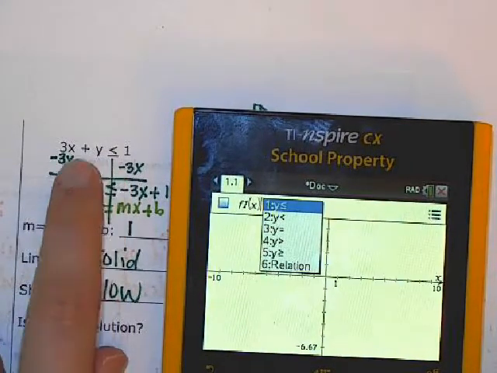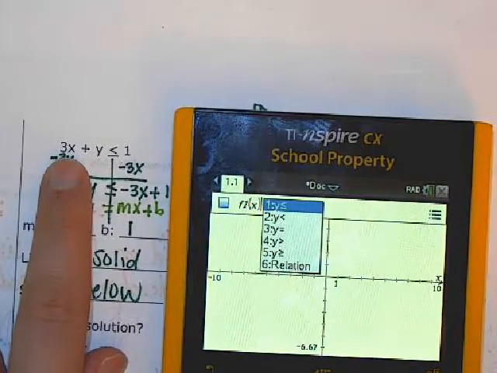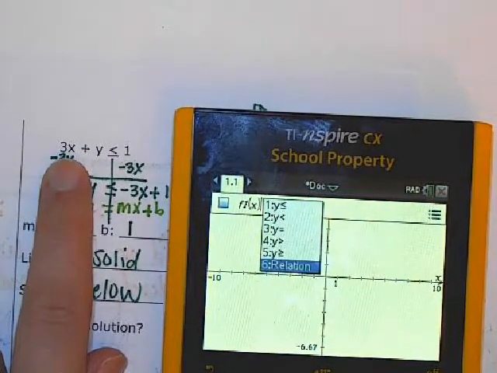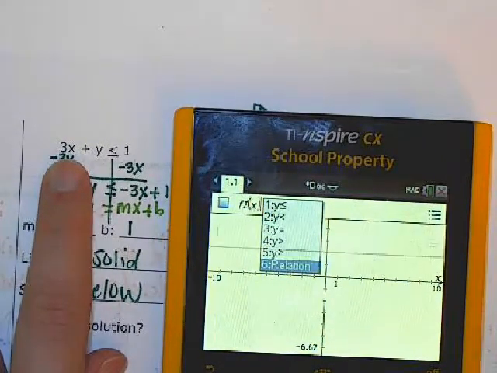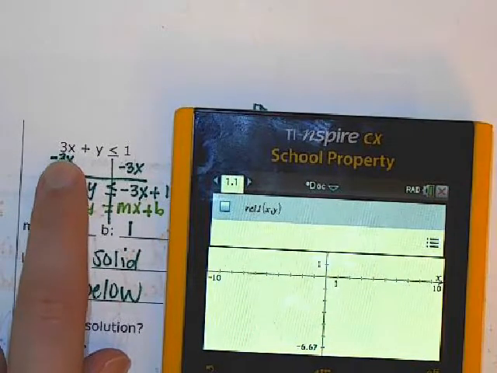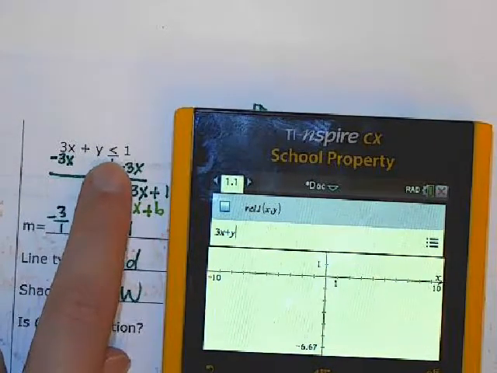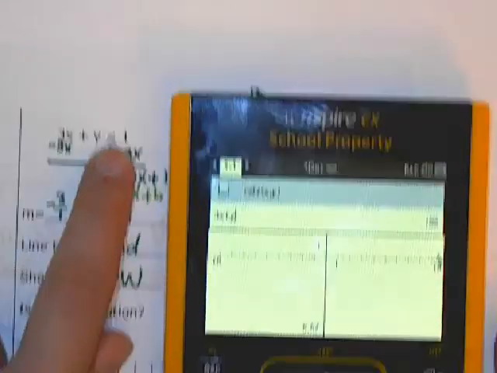But in the original problem, is y by itself? No. So I need to go to relation. So everybody go to relation. Plug it in how it looks: 3x plus y. And I got to go get this symbol.